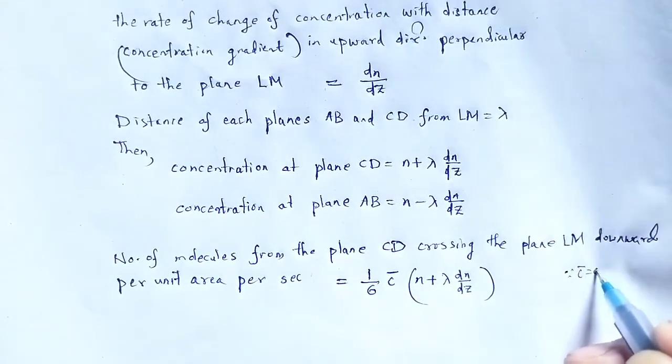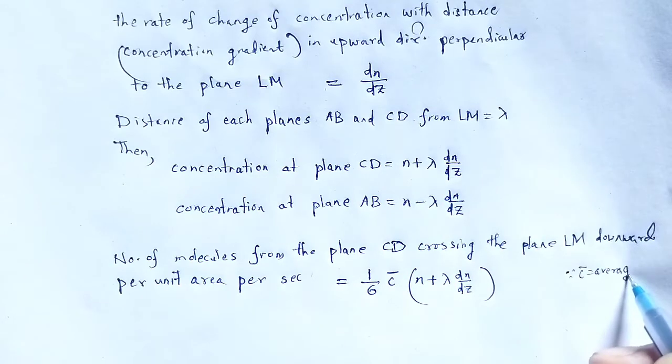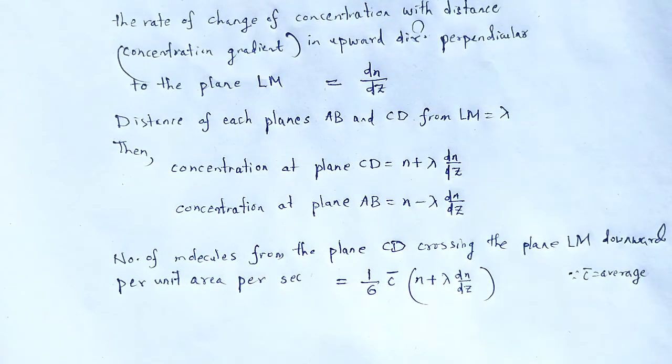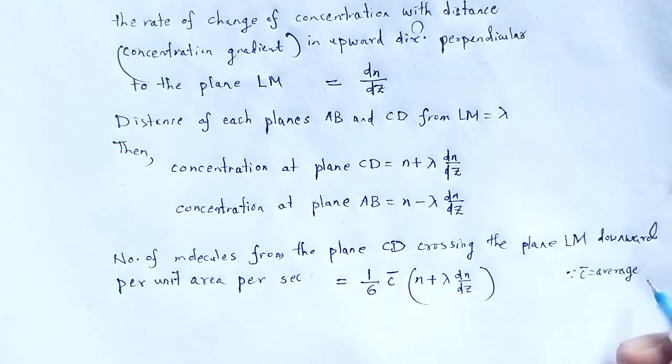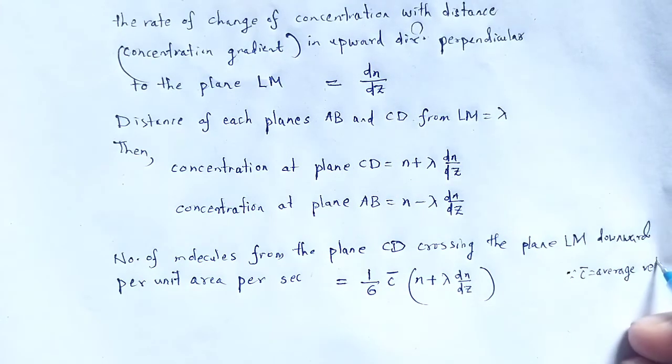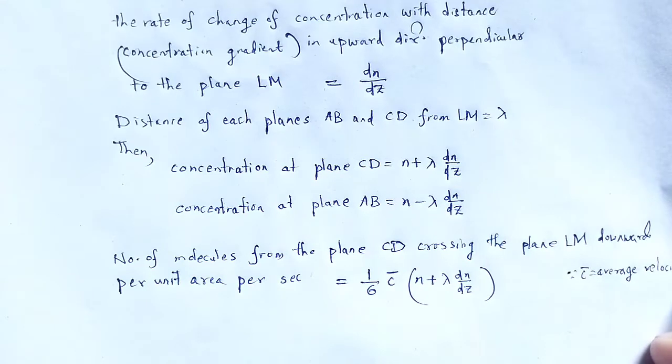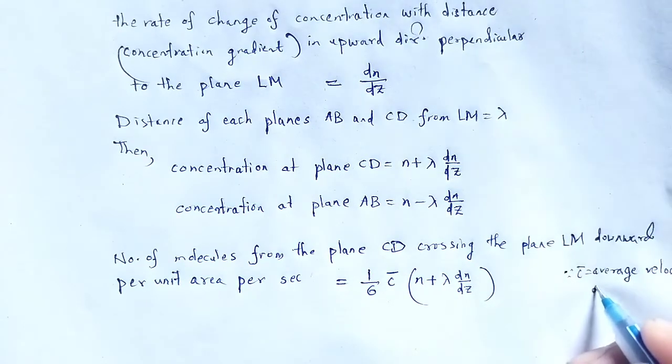Here c bar is the average velocity due to thermal agitation.